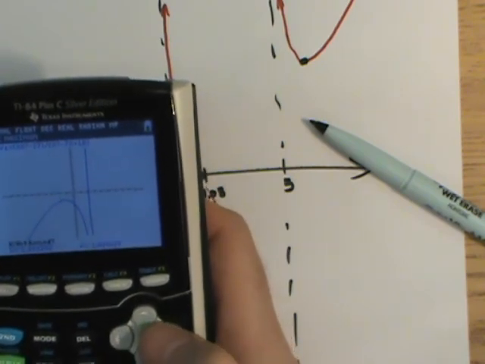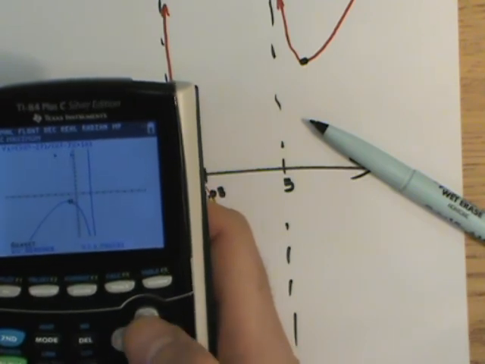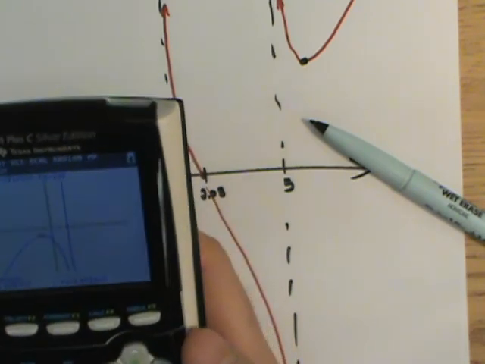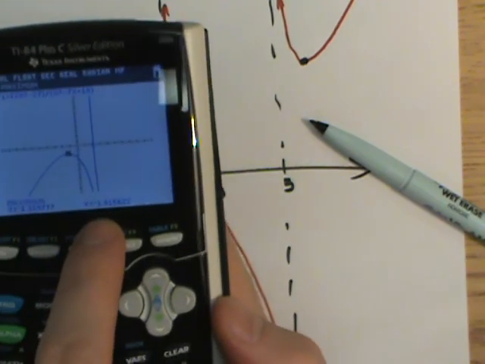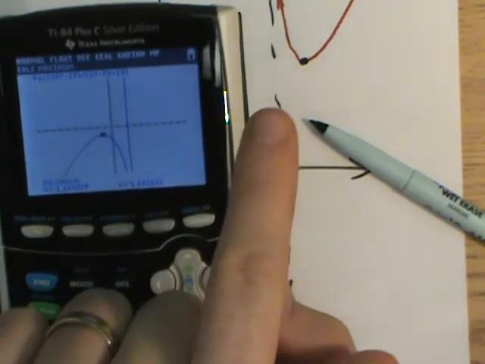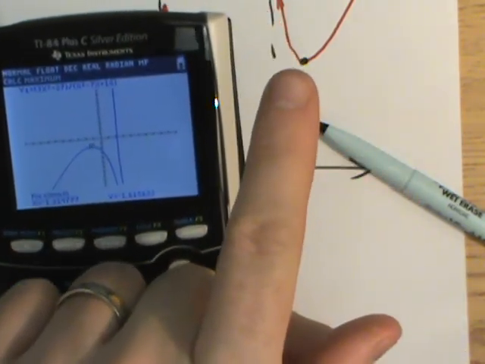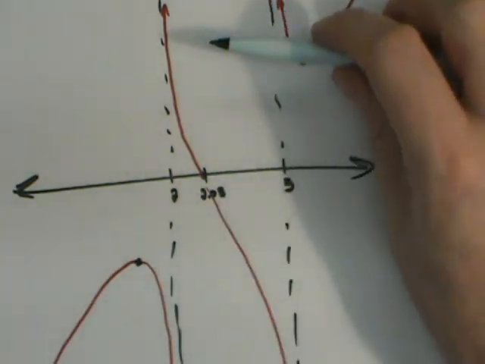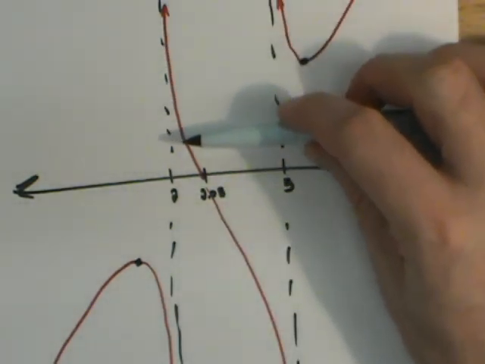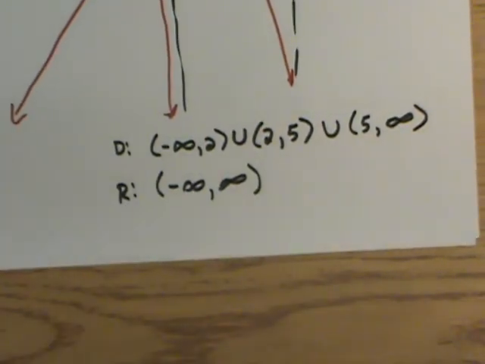So here's a left bound. Here's a right bound. My guess is somewhere in there. And it's telling me at negative 1.61 for my y value. And then I could do the same over here where I find a minimum and it'll report that. For this problem, for the second or third time, I didn't need to do that because I have every y value accounted for right here. And that's why I told you that the range went from negative infinity to positive infinity.